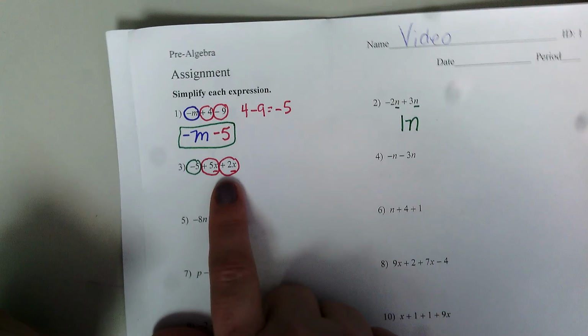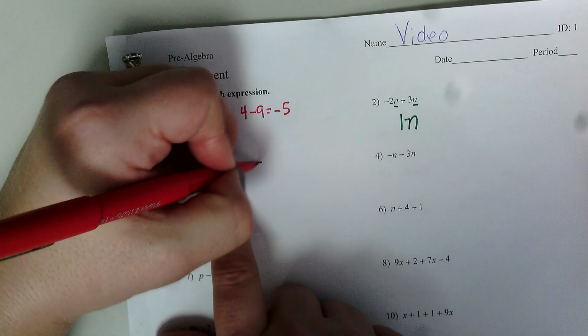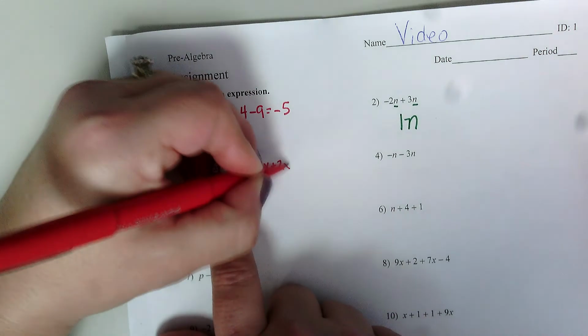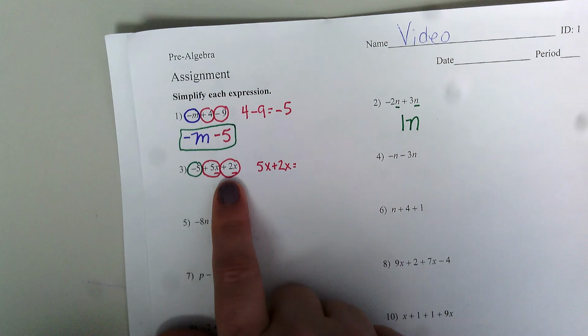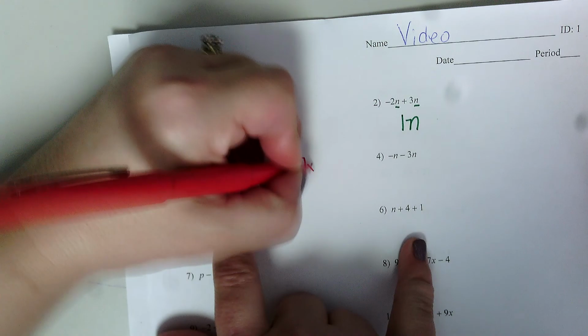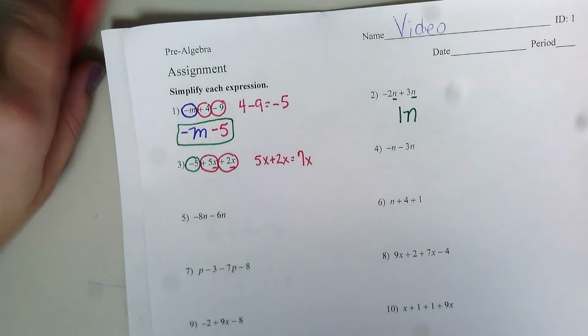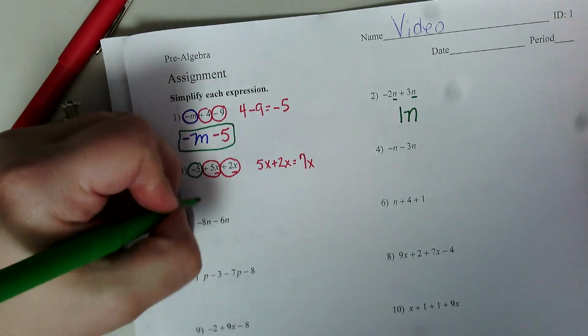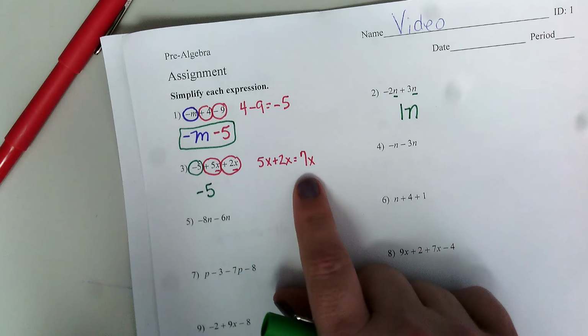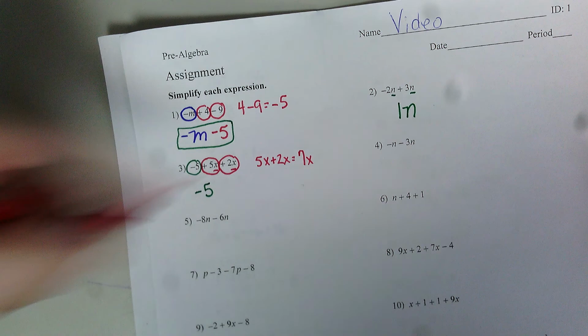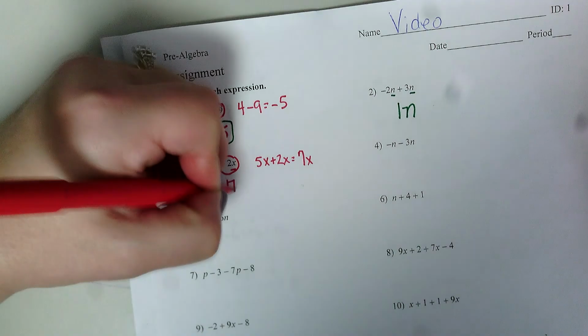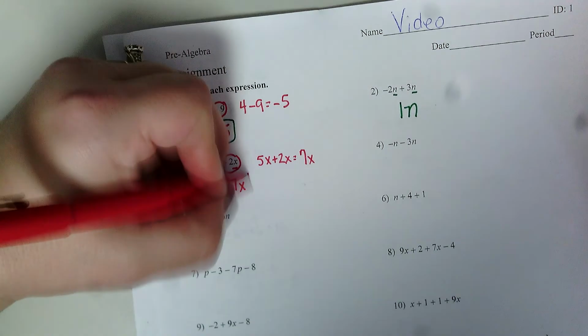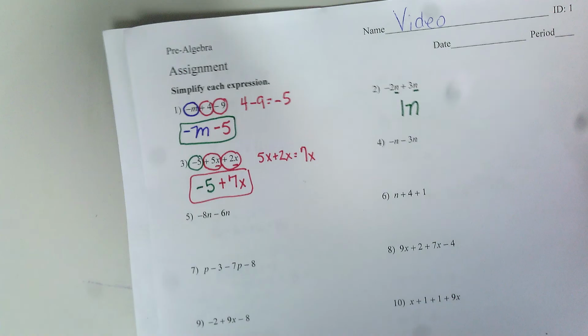So let's look at 5x plus 2x. 5x plus 2x is just, and they're both positive, so it's just 7x. So I'm going to bring down my -5, and since this is plus 7x, plus 7x. And that is my combined term.